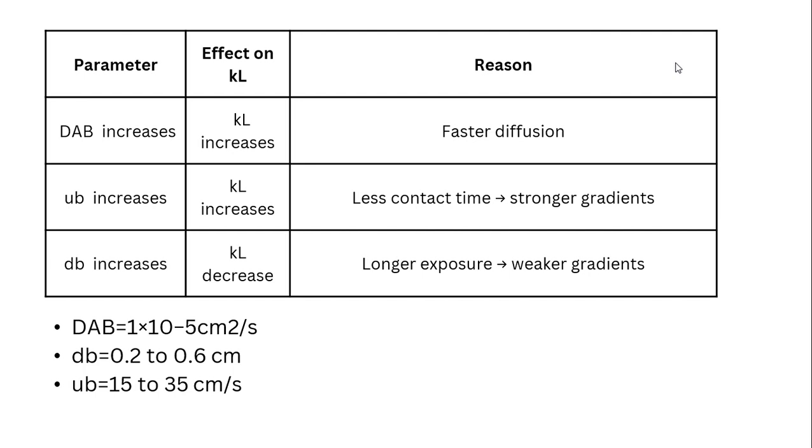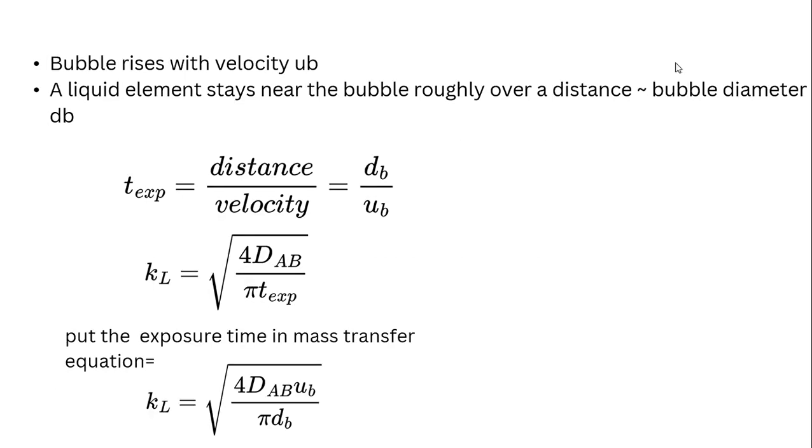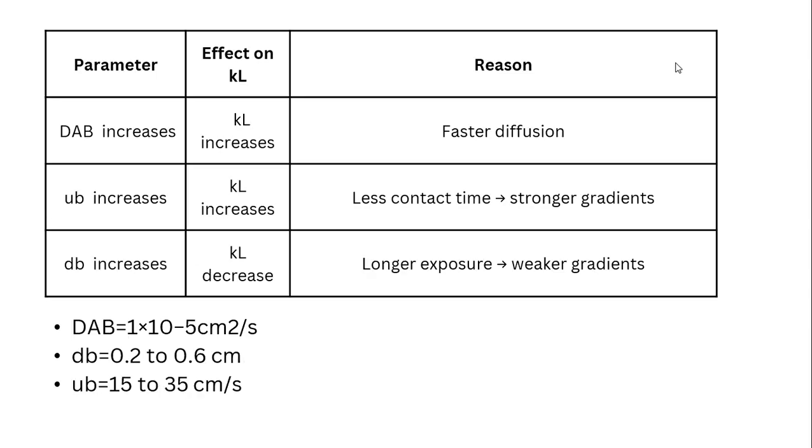As UB increases, kL increases, because of less contact time and a stronger gradient. And as dB increases, kL decreases because dB is in the denominator in the formula, as we can see over here. So longer exposure and a weaker gradient will be there.